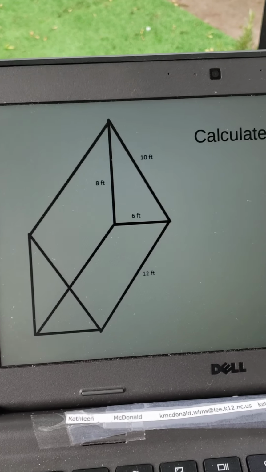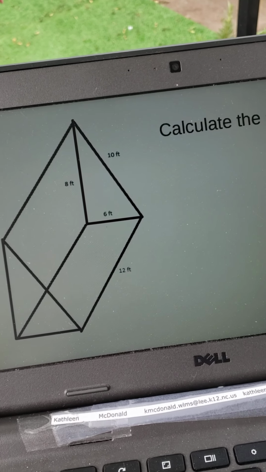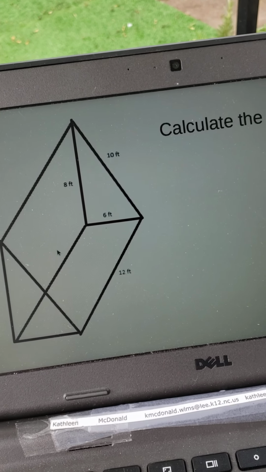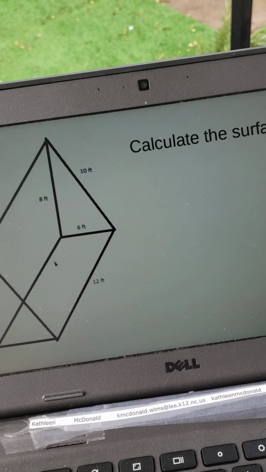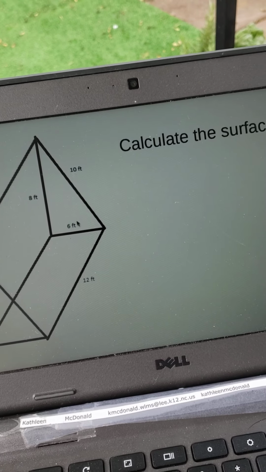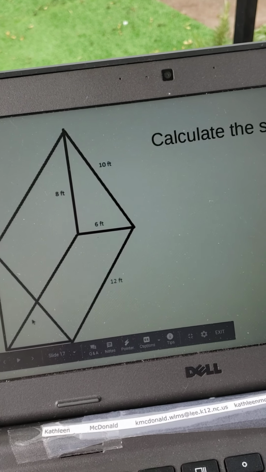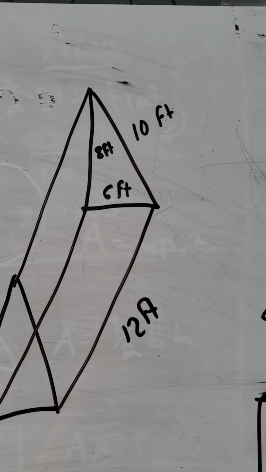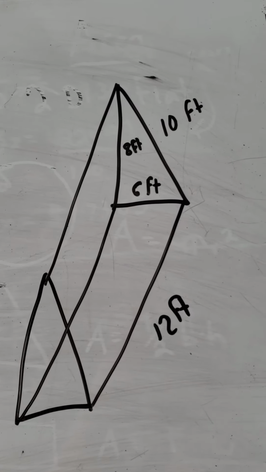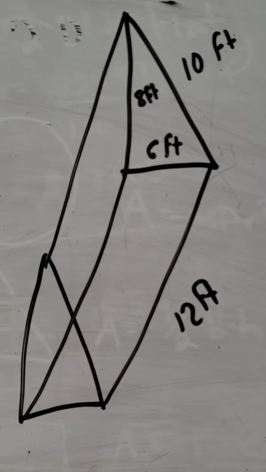All right, now here's another prism. We have 2 rectangles that are larger, a smaller rectangle, and then 2 triangles. Okay, so we have this triangular prism.